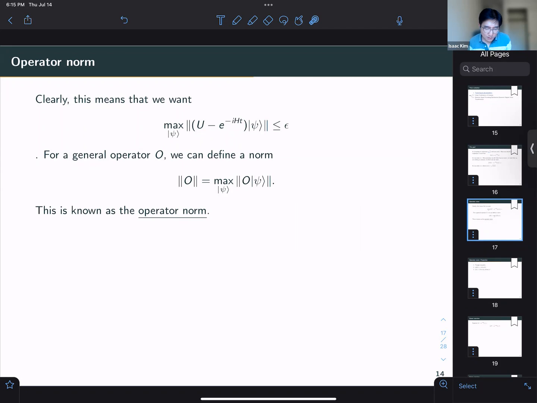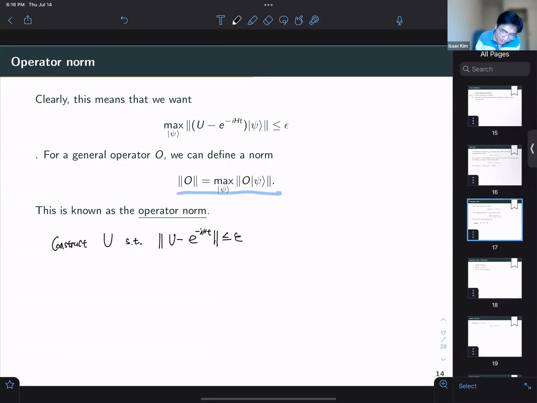And this is what's known as the operator norm. The reason I'm telling you about this is that when it comes down to approximating the time evolution unitary, what people are really trying to do is to construct U such that U minus e to the minus iHt in operator norm is small.